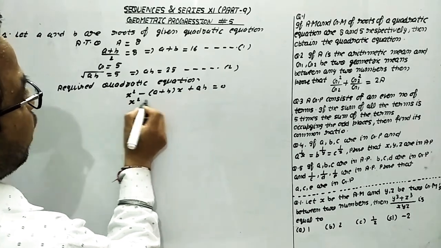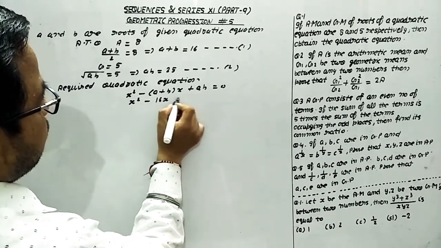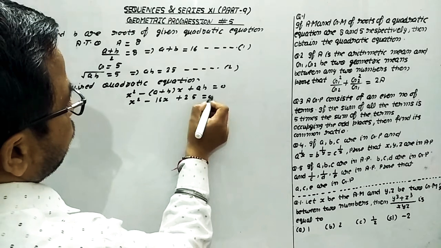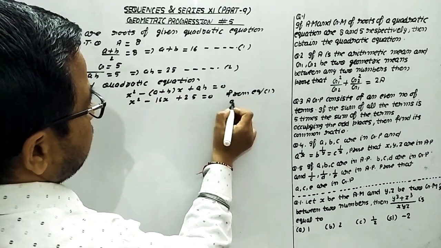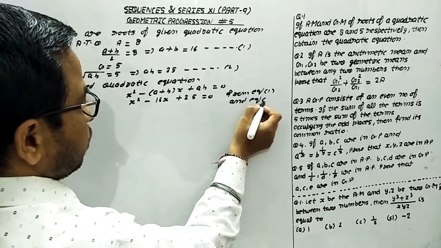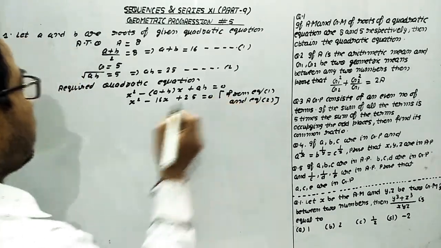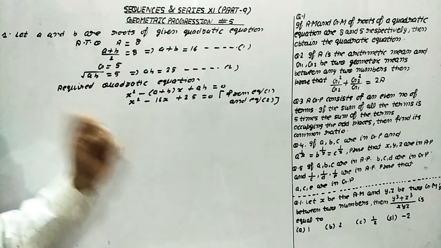It means x square minus 16x plus 25 is equal to 0, from equation 1 and equation 2. This is the way to do this question, and this question is really very important.